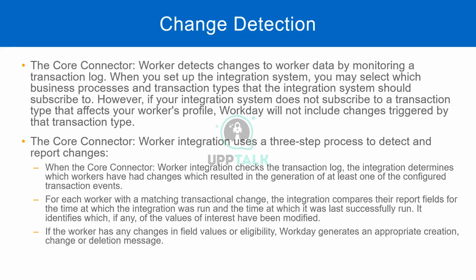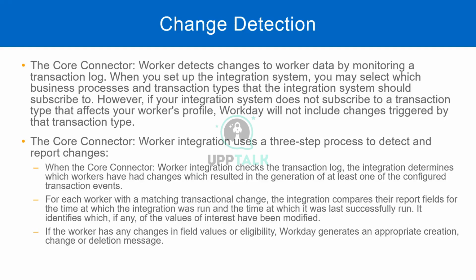How does it accurately return the changes every single time, for every single run? So it follows the change detection method. It is a very, very common interview question. I ask all my colleagues, and any candidate we are interviewing: explain the change detection process of a Core Connector Worker.